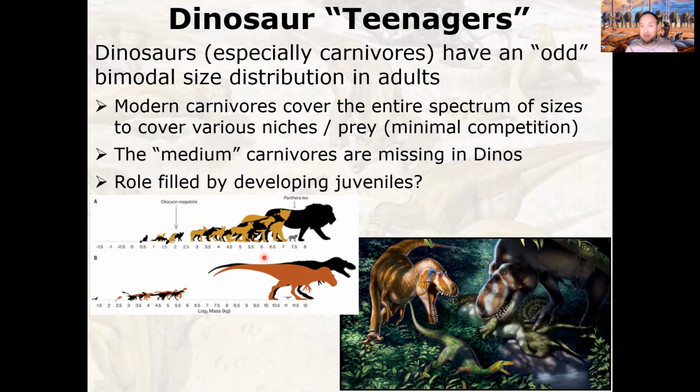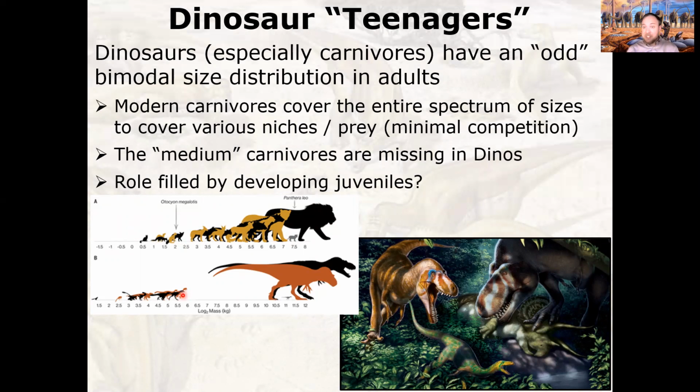They might be insectivores or hunting smaller rodents. You go up the size a little bit and you have kind of the wild dogs. They're hunting organisms that are a little bit bigger, filling in kind of these middle niches, the middle tier here. And then at the peak of the food chain, the apex predator, you have the big cats, like say lions. So there's like this whole spectrum of body sizes is covered.